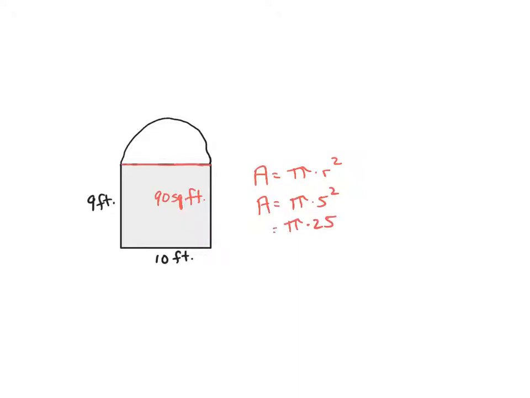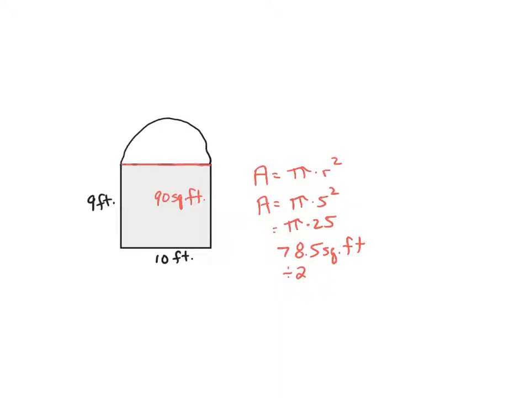And once again, if I figure out what pi times 25 is, I am going to get 78.5 square feet. So the area of this half circle would not be 78.5 square feet, because that would be the area of an entire circle. I'm going to have to divide that answer by 2, because I have half of a circle.